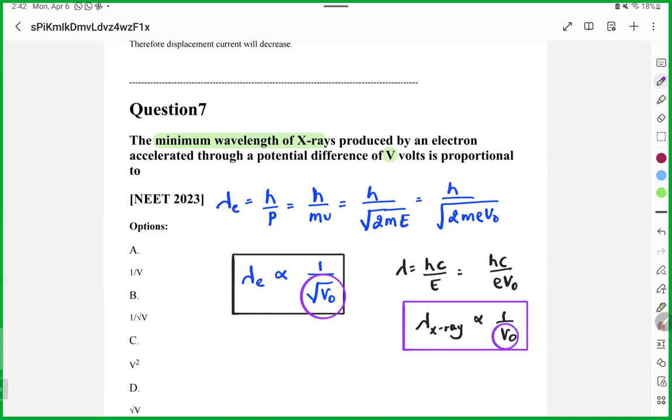So which one will be correct, Chandana? Sir, 1 by V. For X-ray it is given. Yes. For the electron this, and for X-ray this, and it is the minimum wavelength of X-ray. Correct. So this was a revision of dual nature of matter.